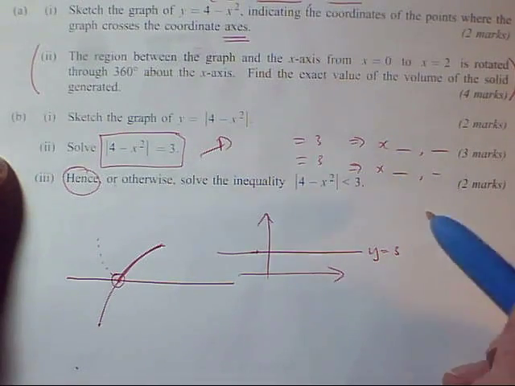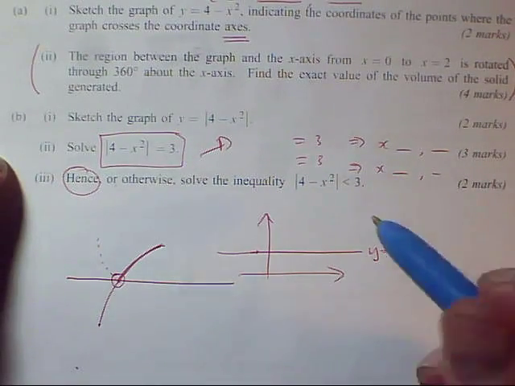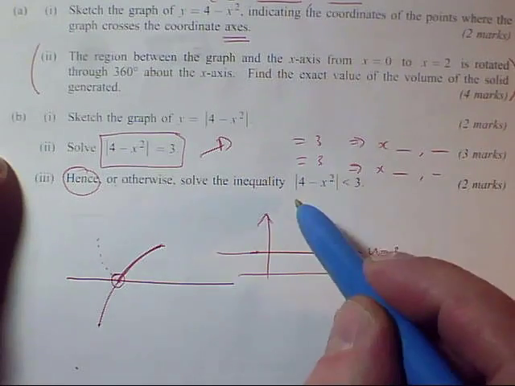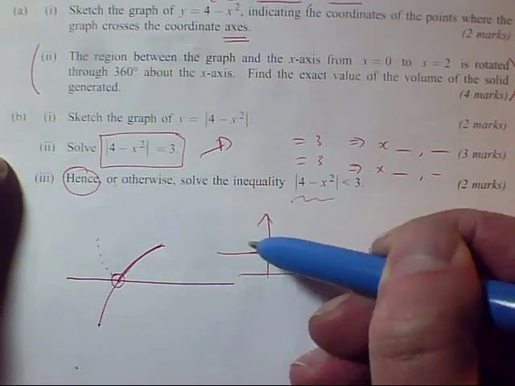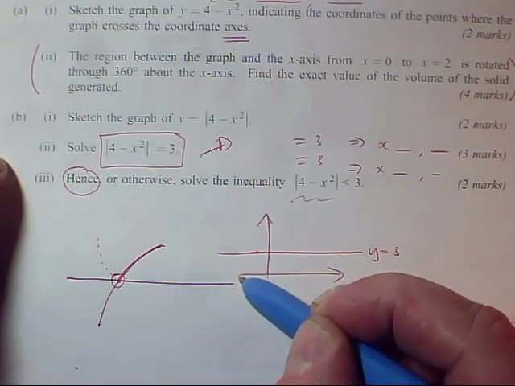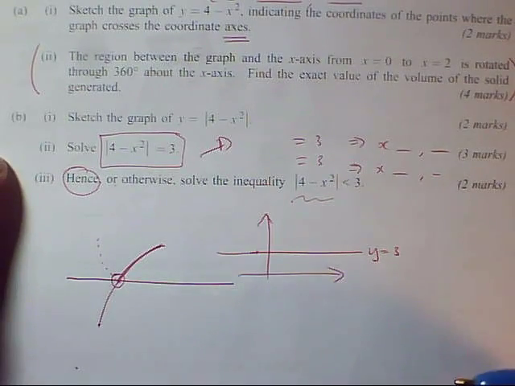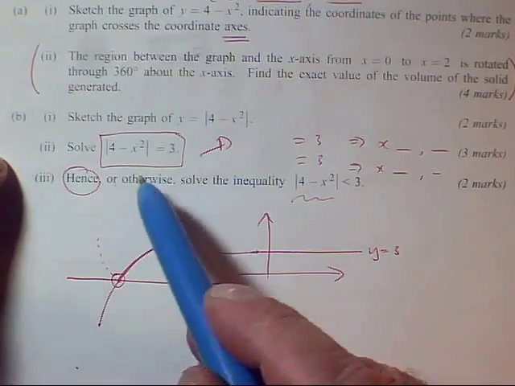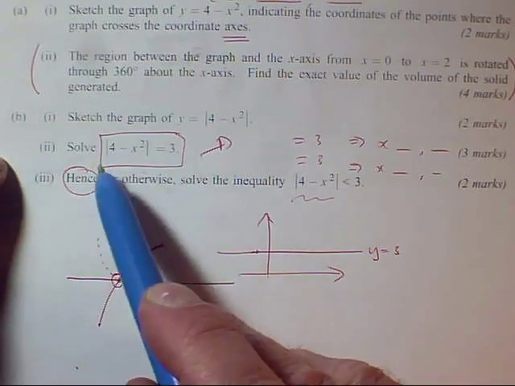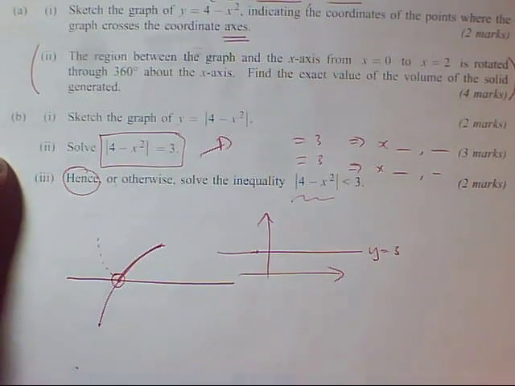However many values for x you got, that's how many intersections there are. And then we need to choose the parts where the modulus graph is less than 3. So where the modulus graph is below the line, those bits of the graph you need to shade, and then you need to use your knowledge of where they actually intersect, where they're equal, to work out the endpoints on your ranges of a solution.